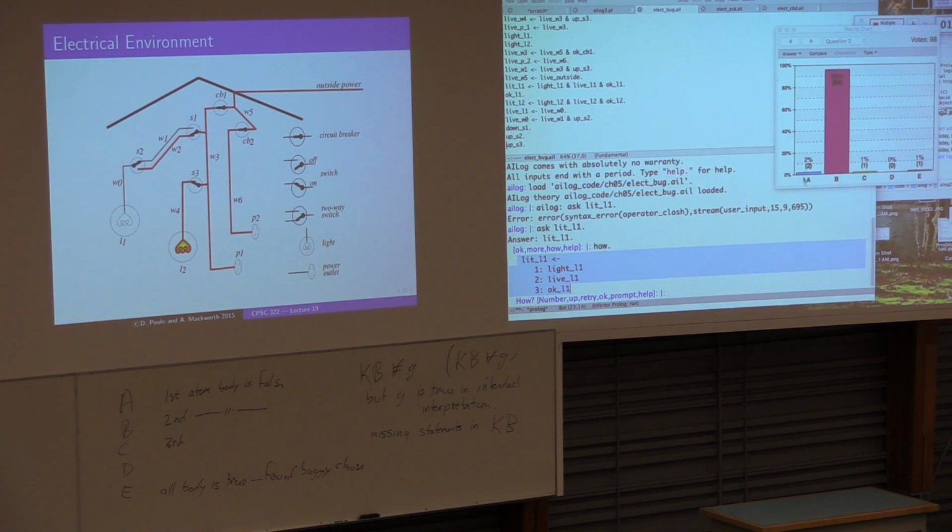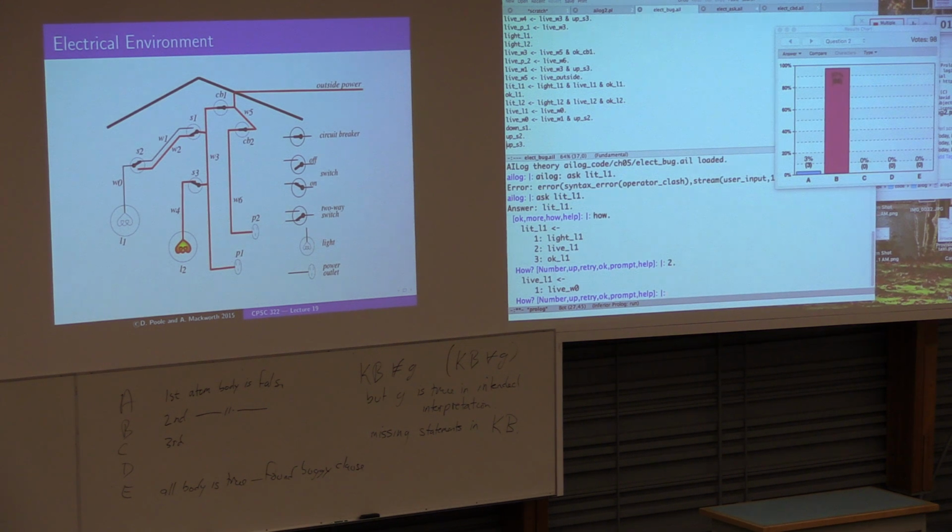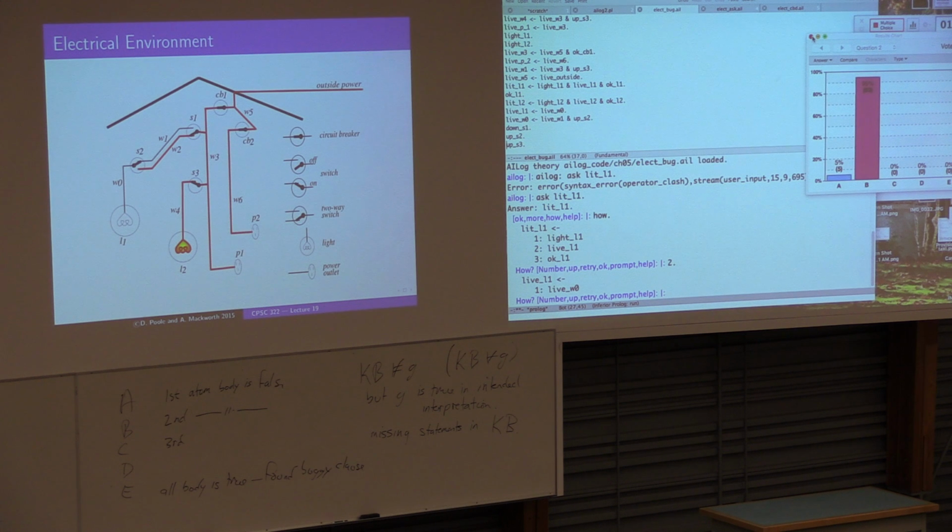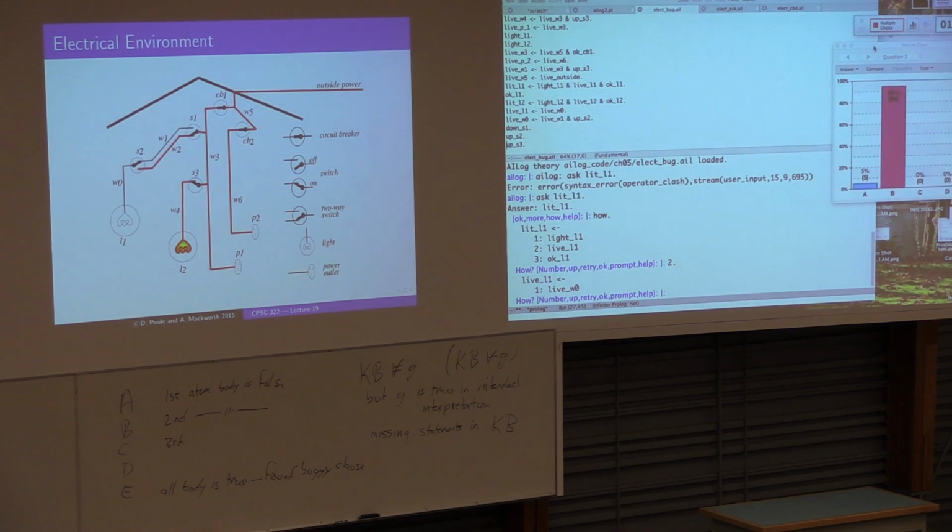So now we're going to ask, how do we prove this? For this language, we're just going to type in that everyone said B, so the answer is 2. And now you can keep doing this, or maybe I should stop and restart it.